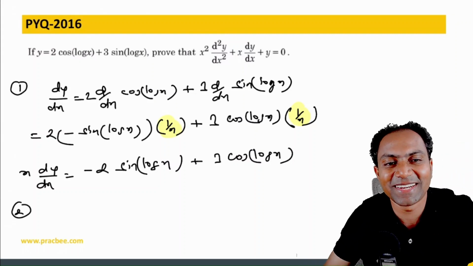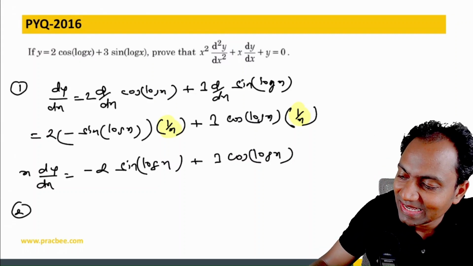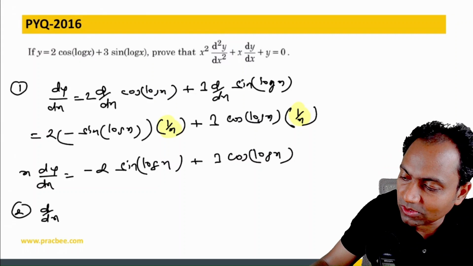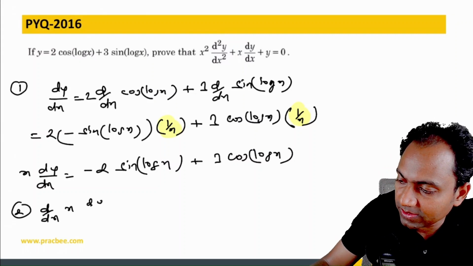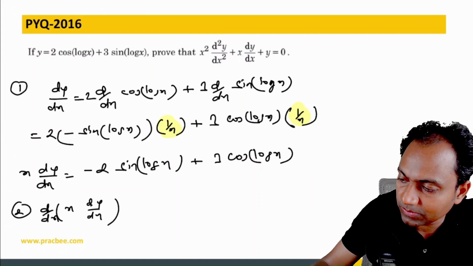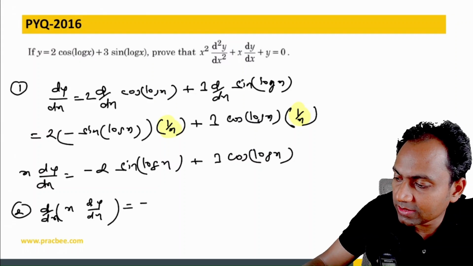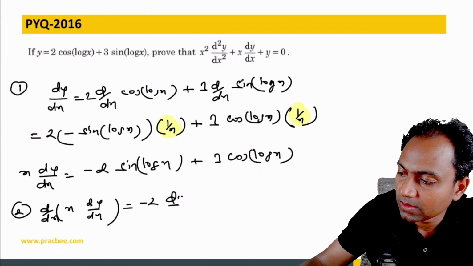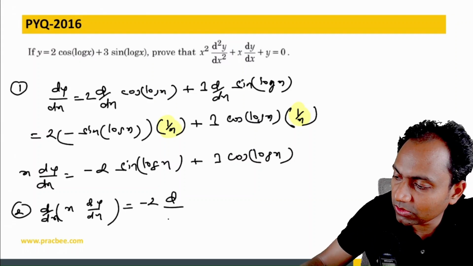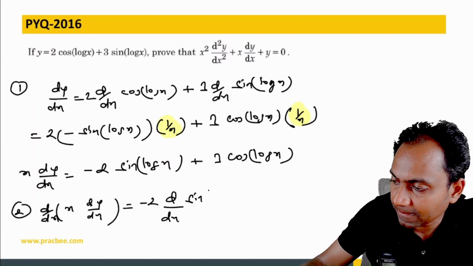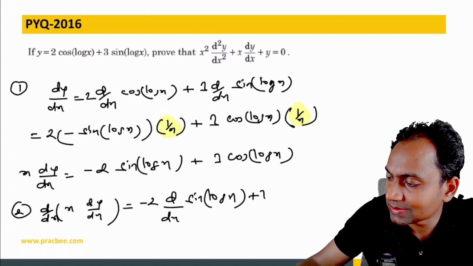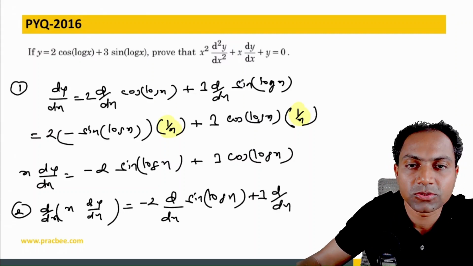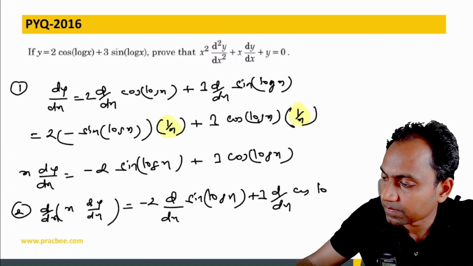So if I differentiate in the next step, it becomes d by dx of x dy by dx. We will have to use the product rule here. And then this becomes minus 2 d by dx of sine of log x and plus 3 times d by dx of cos of log x.